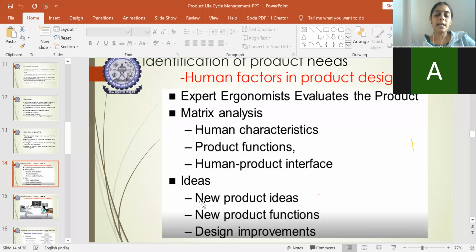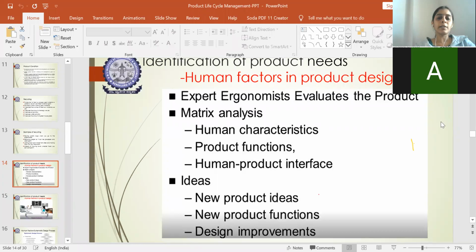So these ideas help in creating new product ideas, new product functions, and sometimes the existing designs could be improved by the ideas given by the people of a particular organization. So in idea generation also, human factors play a vital role. So if they ask you what are the human factors associated in a product design, you should be able to explain each and every concept.